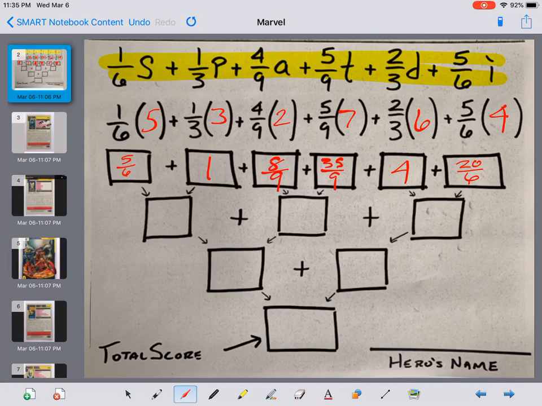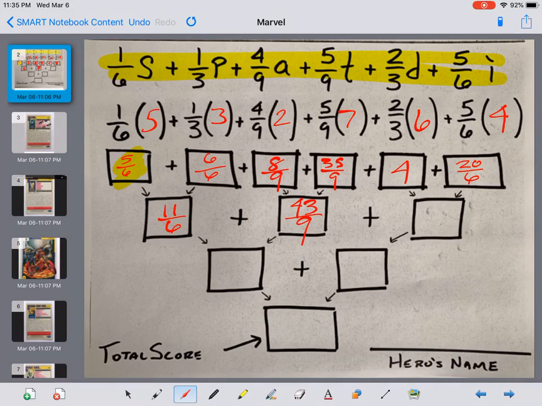Okay, so now we have to combine some terms. We're going to combine 5/6 and 1. Let's see what that looks like. What I'm going to do actually is just change 1 into 6/6. This way we get a result of 11/6. Makes it easier. 8/9 plus 35/9, so you just do 35 plus 8, 43/9.